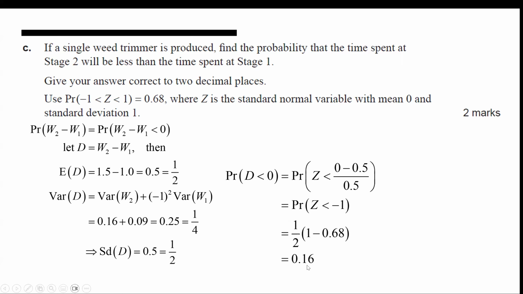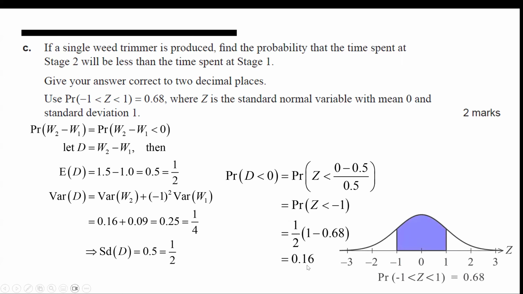And the answer is 0.16. Definitely, it is helpful to draw a normal diagram, but you really have to get the correct statement, and therefore, for the combined variable or difference variable, you need the standard deviation and also the expected value correct, and then show some working to arrive at the desired answer.